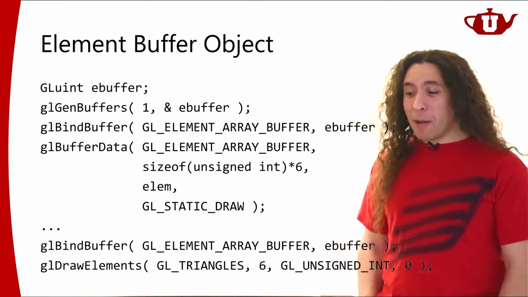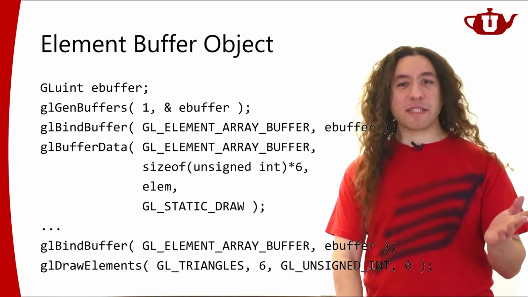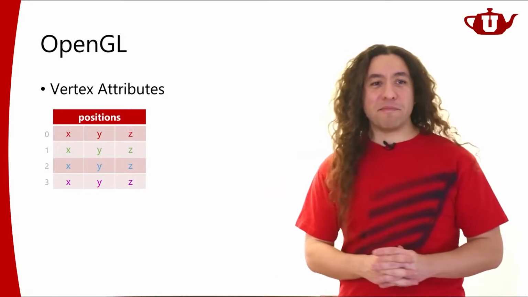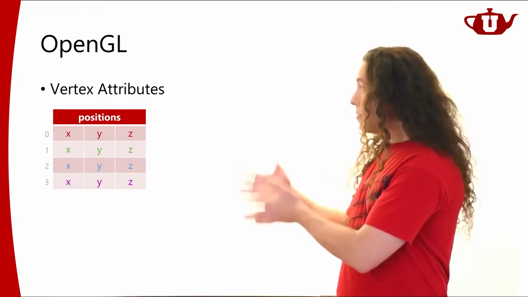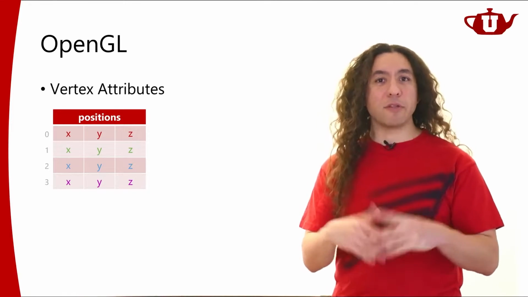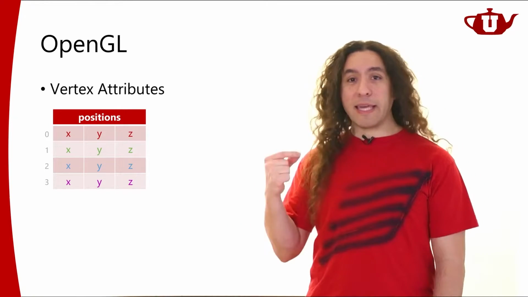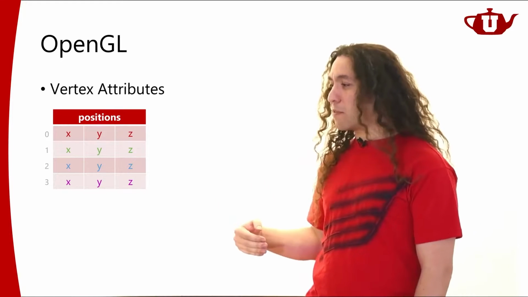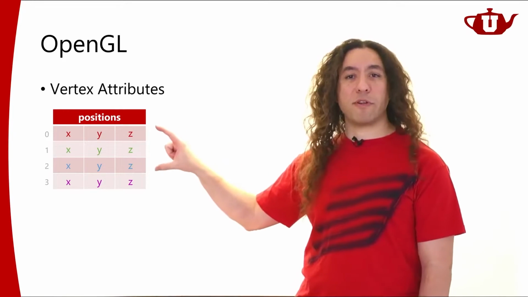So, for example, I have a list of vertex attributes. That's vertex positions. Now I can have another vertex buffer object that could contain a different vertex attribute, let's say vertex color. When I'm using these elements, my vertex element is forming a triangle using vertices 0, 1, 2, just the first 3.